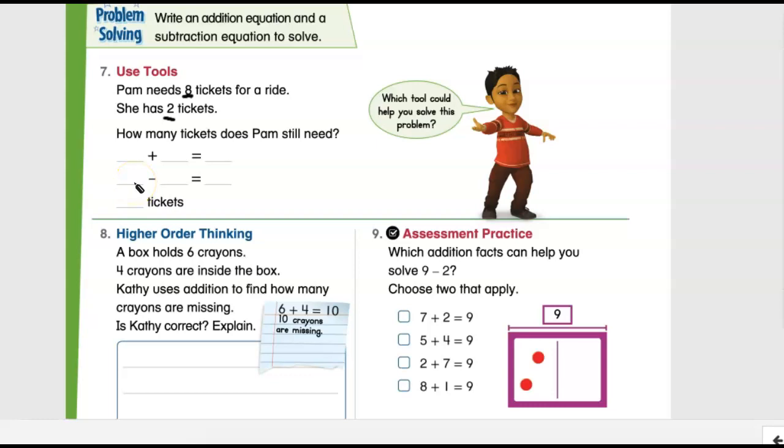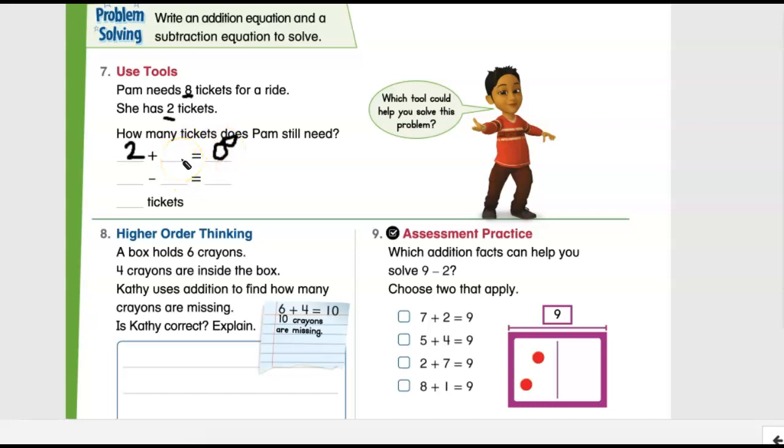For example, if I look at my addition problem, I know that Pam needs a total of 8 tickets. Well, if I know she has 2, and I need to find out how many more she needs, I have to figure out what is 2 plus a number that equals 8.